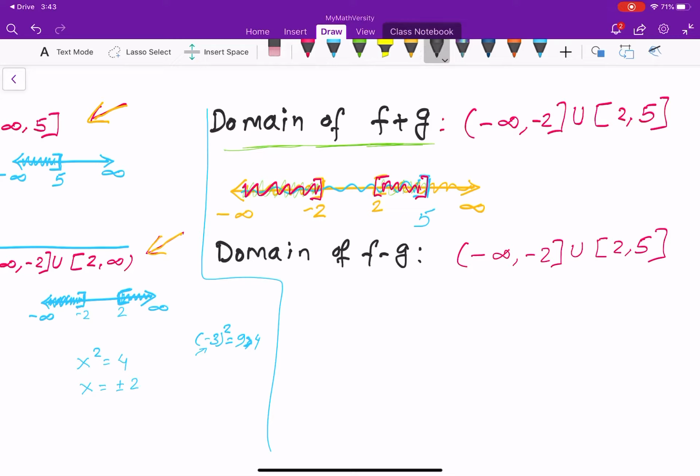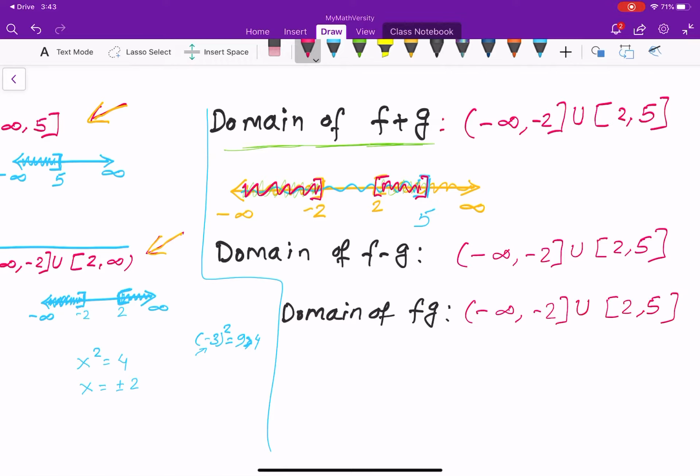In a similar way, the domain of f times g is also the same thing, the real numbers which are in the domain of f and the domain of g. So in that case, we can write down the same thing here.